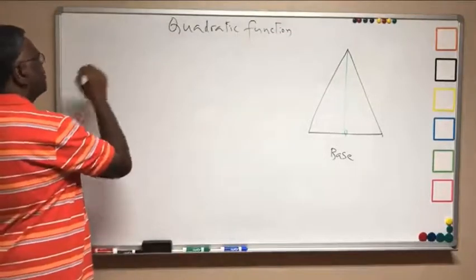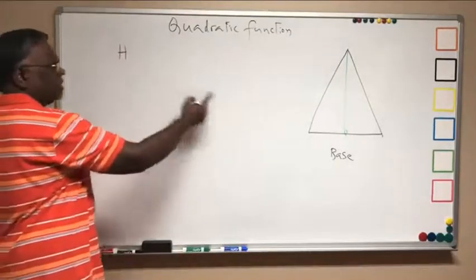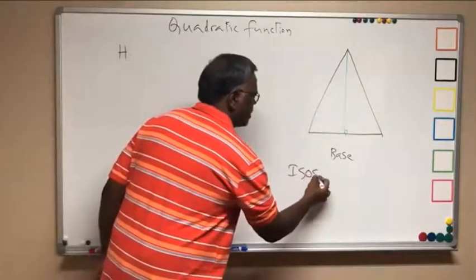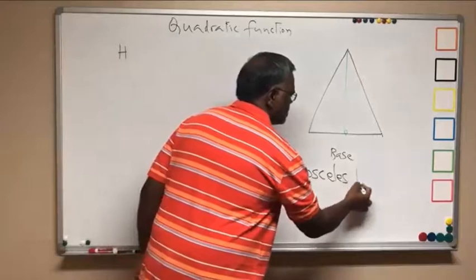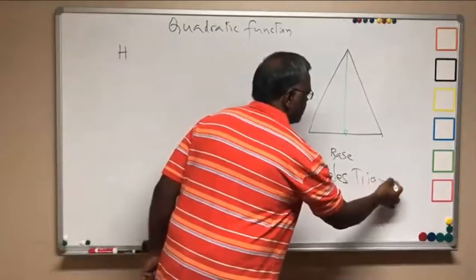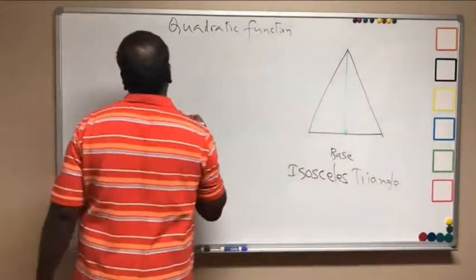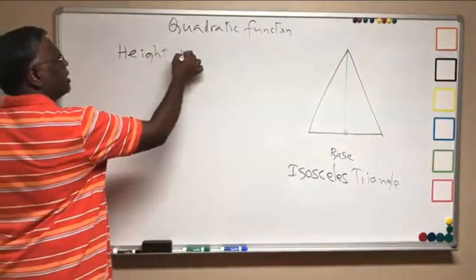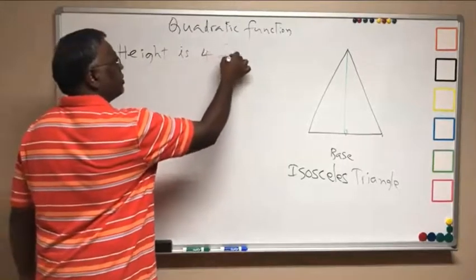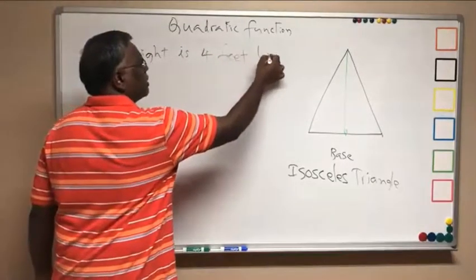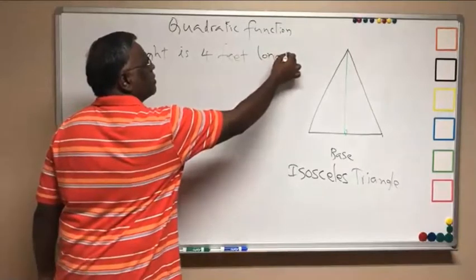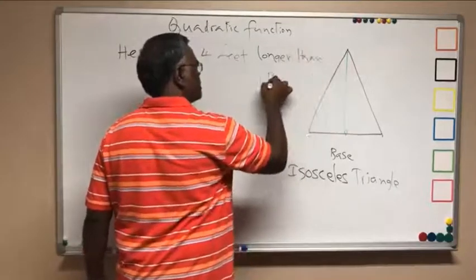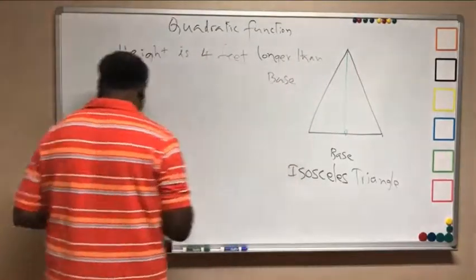Given the relationship between the base and height in this isosceles triangle, the height is 4 feet longer than the base. That is the information you have.